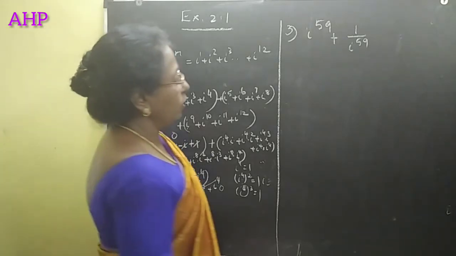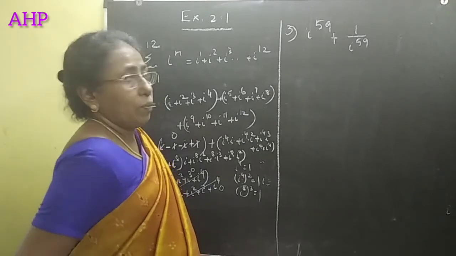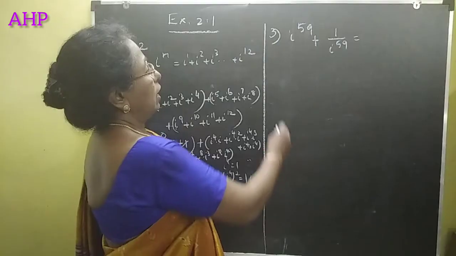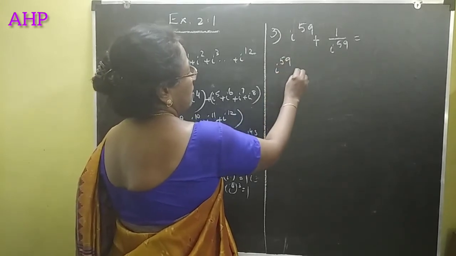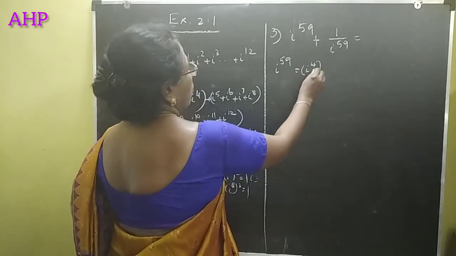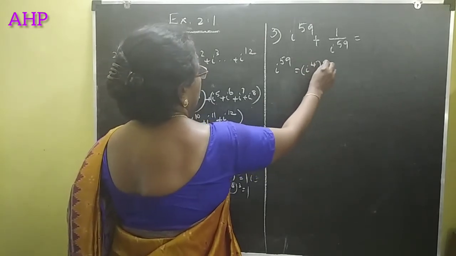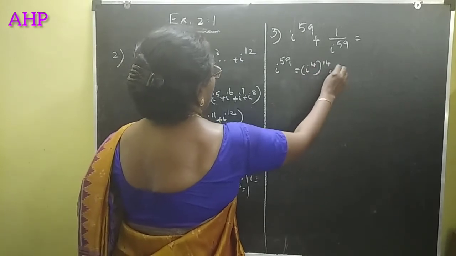In the next question, we have i power 59 plus 1 by i power 59. So, now i power 59 can be written as i power 4 the whole power. See, 14 4s are 56. Okay, so this is going to be i power 56 into i power 3.